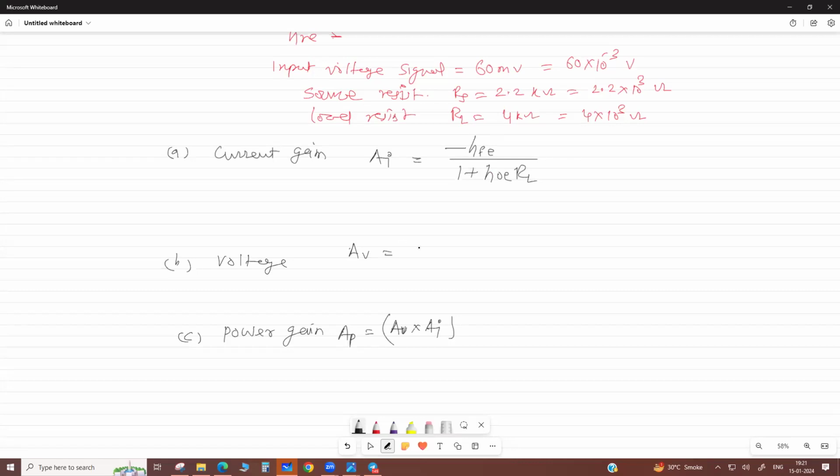Then voltage gain. Actually here HOE into RL is less than 1, so we can neglect this.